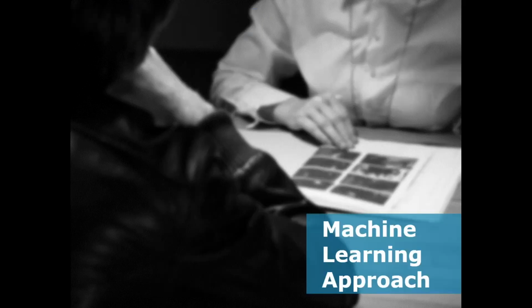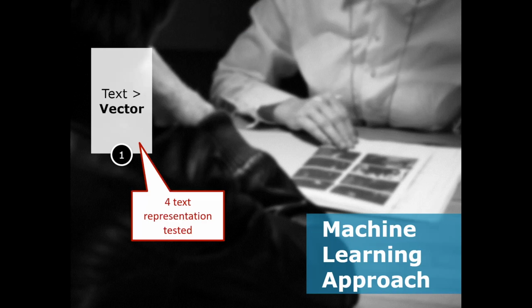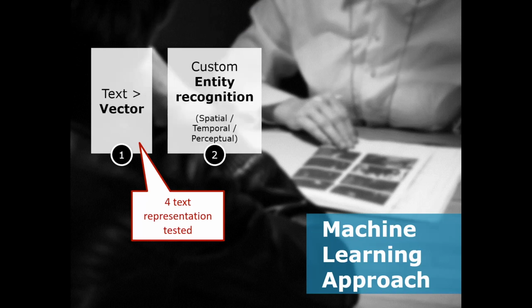So what was our approach? Well, first, we converted text into embeddings, vectors in machine learning terms. Here we compared 4 text representation options. Second, we used a custom entity recognition model to detect the details as spatial, temporal, or perceptual.